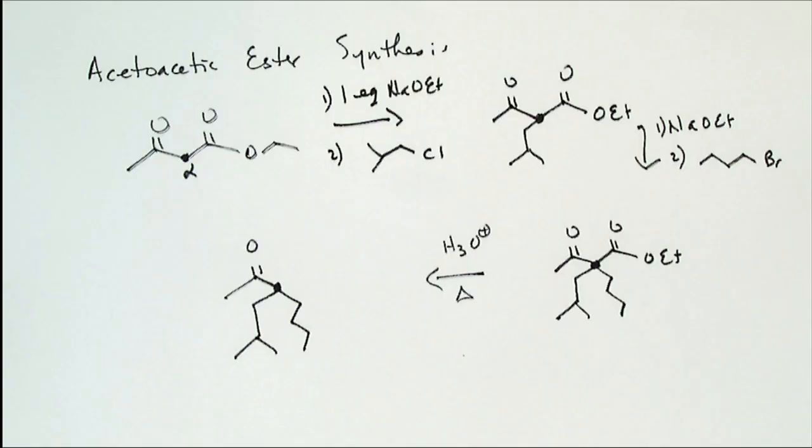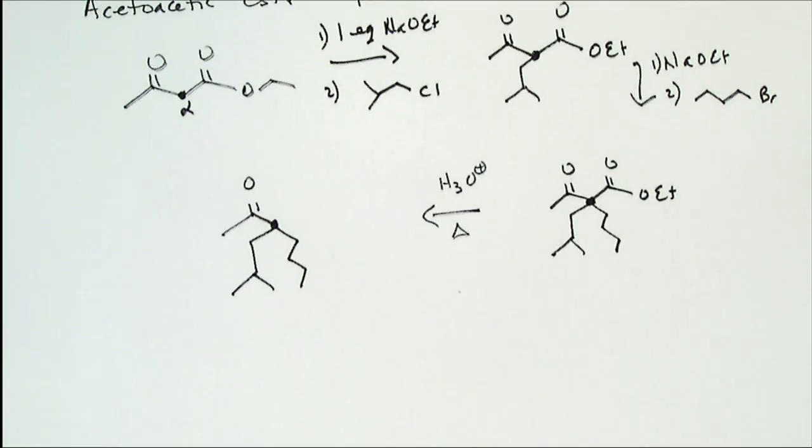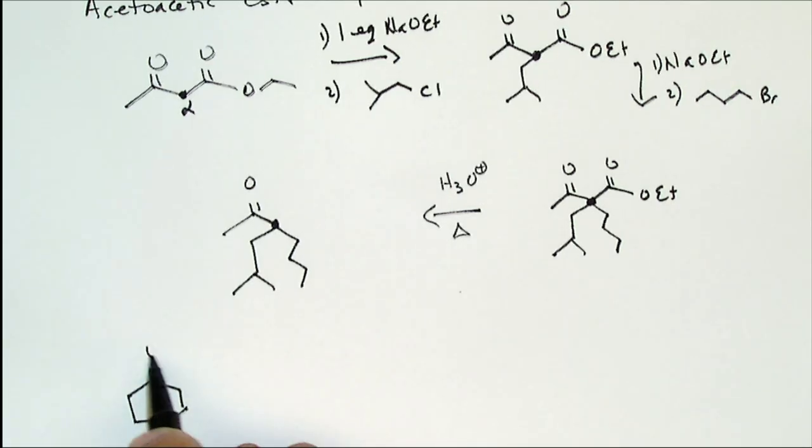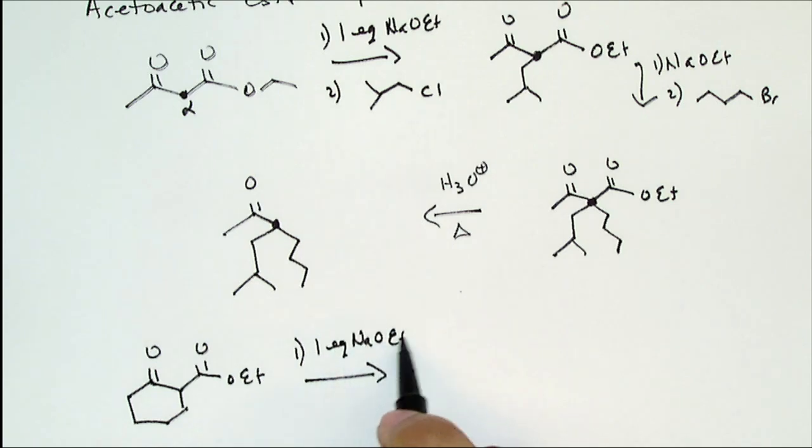Now, you have to always be aware when they throw in something that might look different, but it's really the same thing. This is what I mean. Suppose you have the following molecule, and you treat this with 1 equivalent of sodium ethoxide, and then let's say I use benzyl bromide as the alkyl halide.